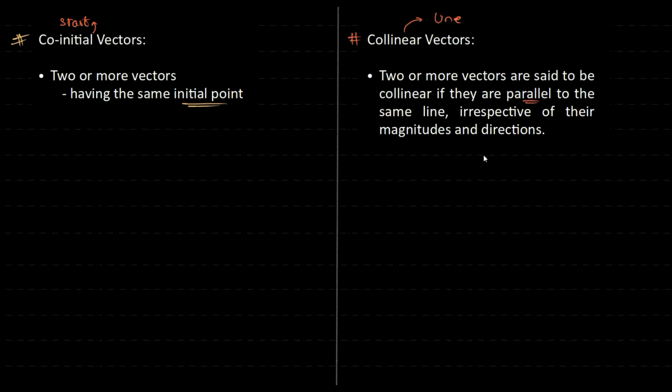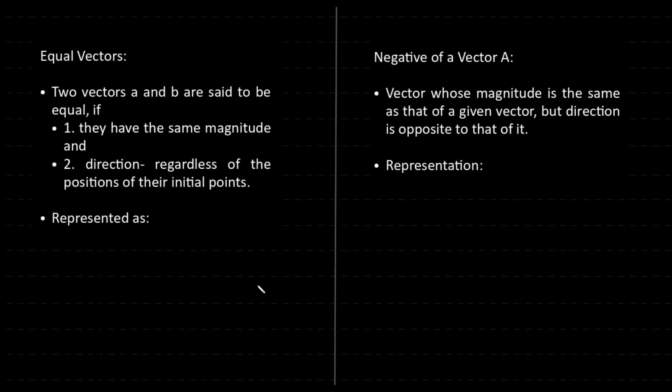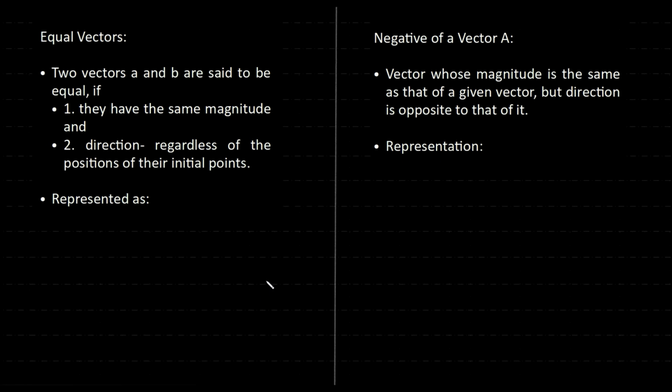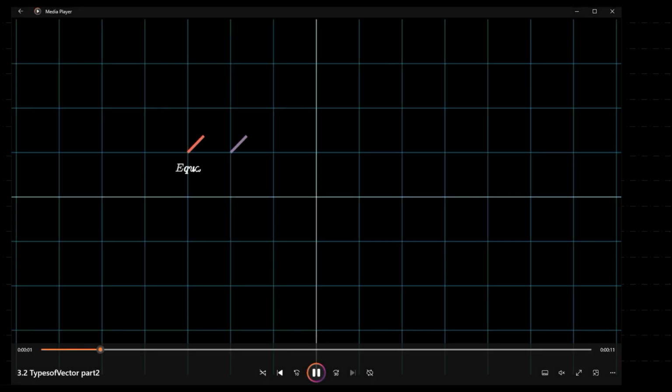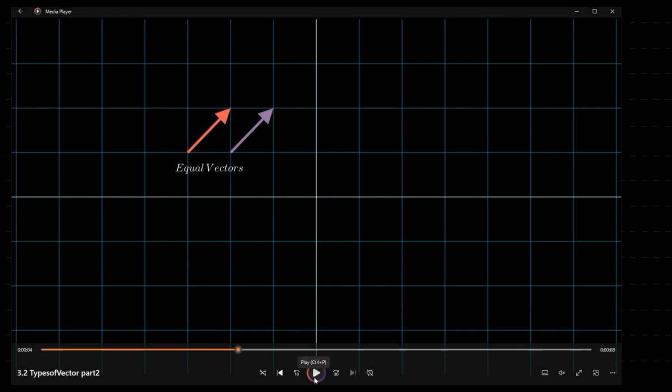Okay, I think I have a few more types for this video. Next, we have equal vectors and the negative of a vector. I do have a small animation for this as well. Those two are equal vectors. Why are they equal vectors? Can you think?